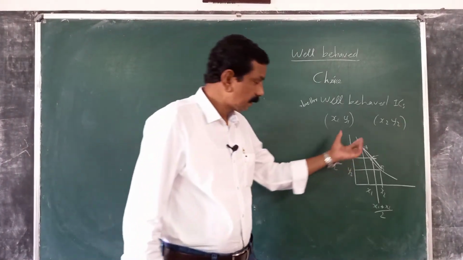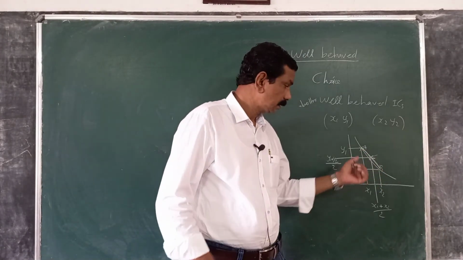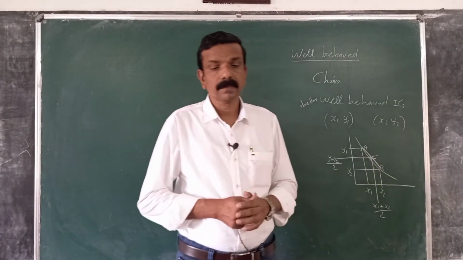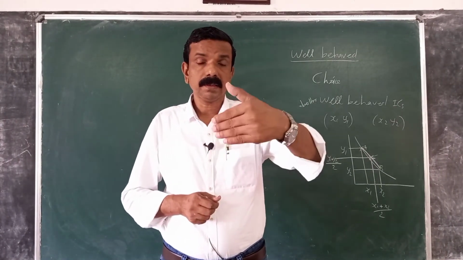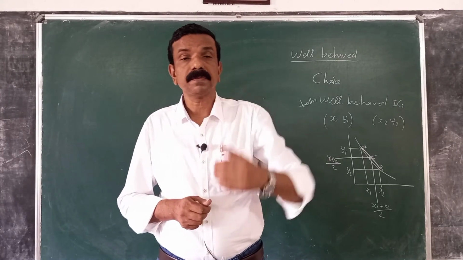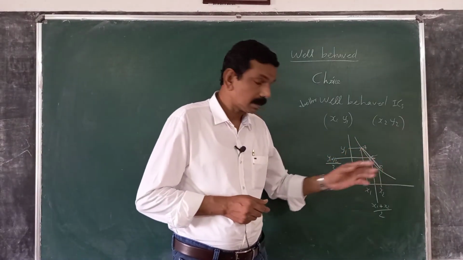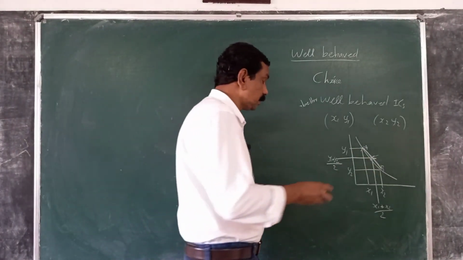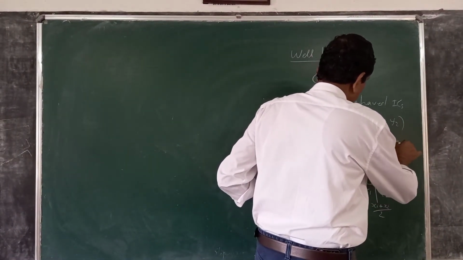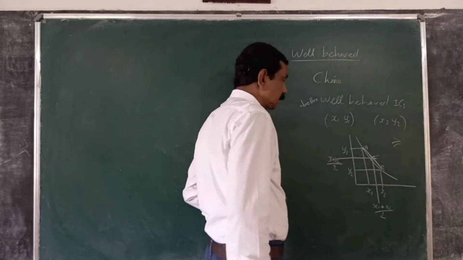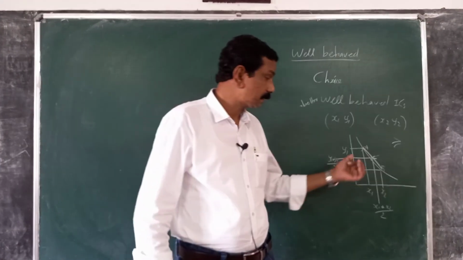So, if we take a weighted average of the bundles A and B, that is X1, Y1 and X2, Y2, then the average bundle is at least as good as, or strictly preferred to, the original combinations X1, Y1 and X2, Y2. Remember this, at least as good as or strictly preferred to means preferred or indifferent to the original combinations.